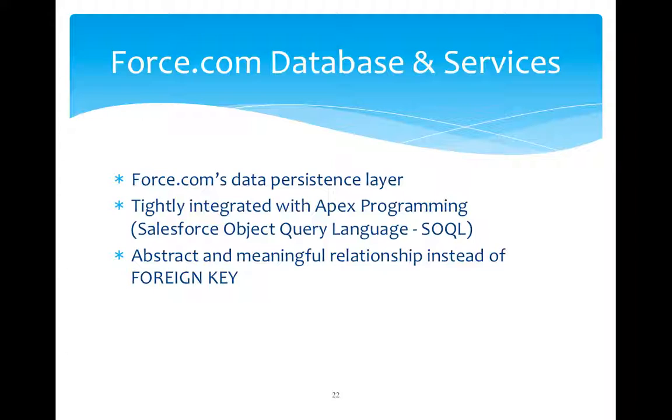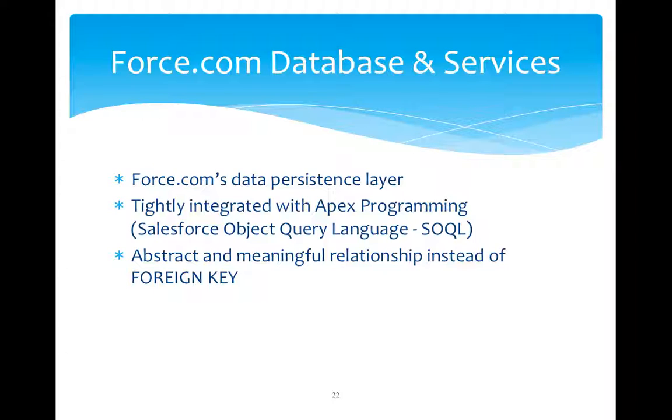The database service has also provided us with a very abstract and meaningful relationship instead of foreign keys. What it means is, in traditional RDBMS, we used foreign keys to maintain relationships amongst all the participant tables.